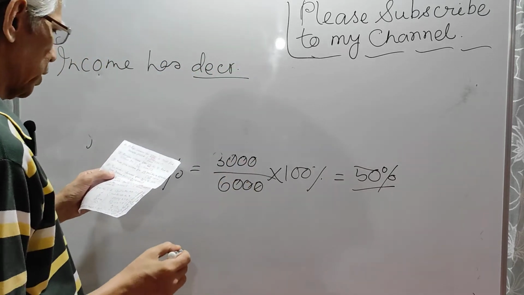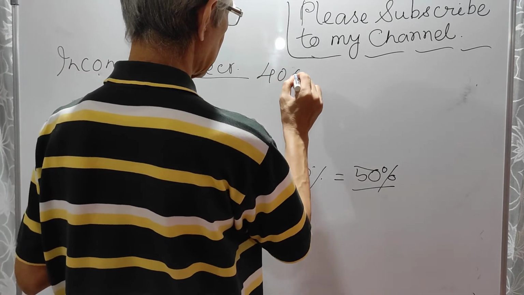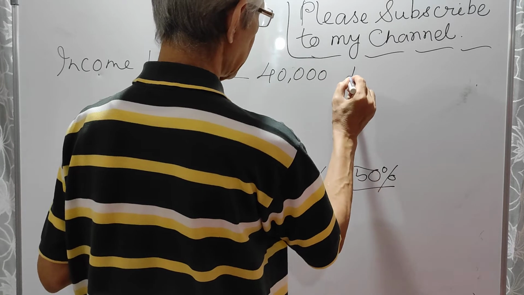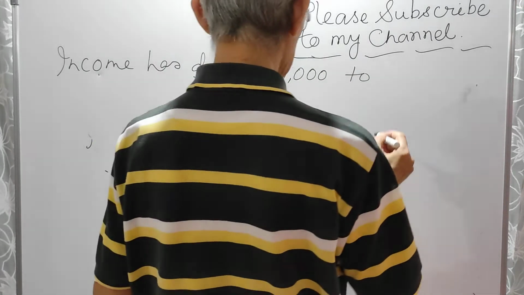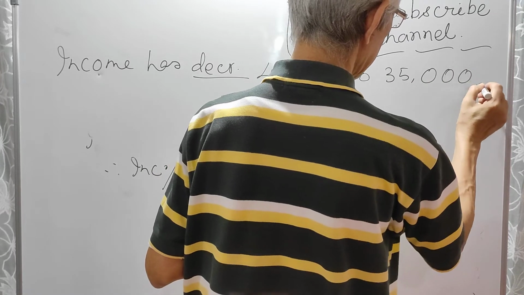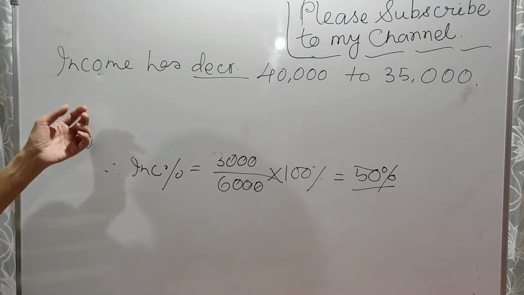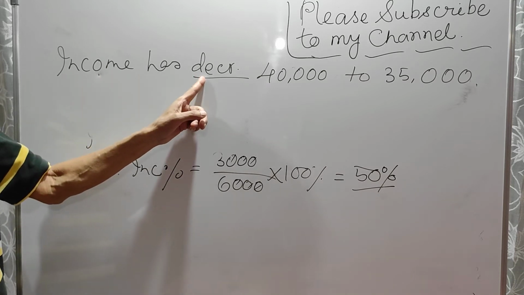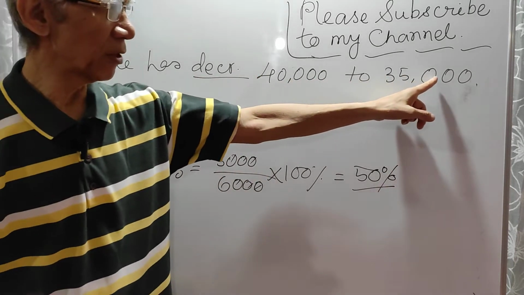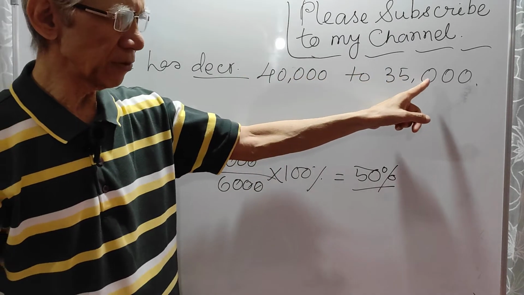Income has decreased from 40,000 per month to 35,000. Suppose the monthly income of a person, salary of a person, has decreased from 40,000 to 35,000. So this is a case of decrease from 40,000 to 35,000.